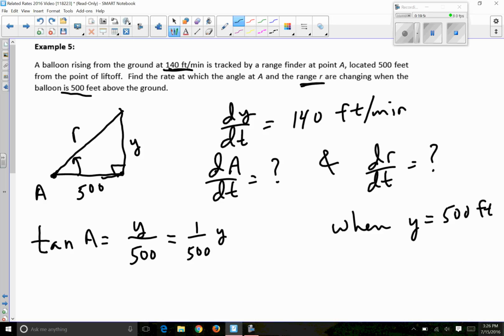And now we're going to differentiate both sides. The derivative of tan A is secant squared A, don't forget the chain rule, times the derivative of A with respect to time. And the derivative of 1 over 500 times y is 1 over 500 times the derivative of y with respect to t.